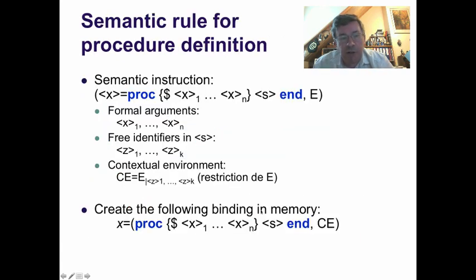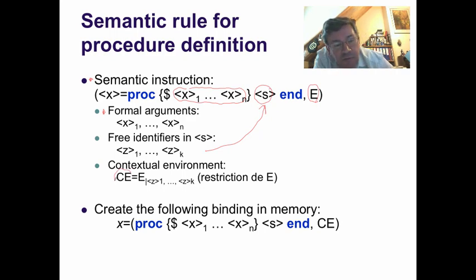So now let's go to the semantic rules. I'll give first the semantic rule of the procedure definition. So here, first we have the semantic instruction. This is the instruction with its environment E. The formal arguments of the instruction are these arguments. The free identifiers in S, assume they're Z1 to ZK.